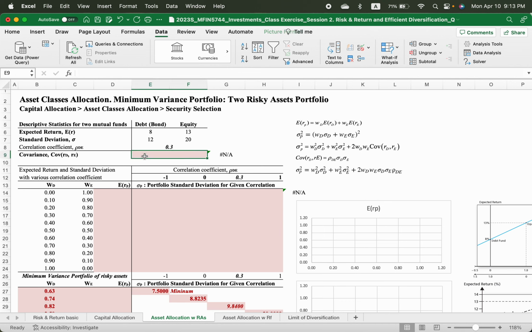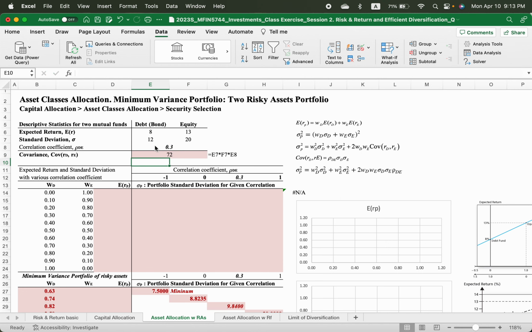So covariance, we need to calculate covariance, which is this part: 2 times the weight of debt, times the weight of equity, times the covariance. The covariance can also be calculated as the correlation coefficient times the standard deviation of debt times the standard deviation of equity. So how do we calculate this covariance? We simply multiply the standard deviations of the two risky assets by the correlation coefficient, which is given.